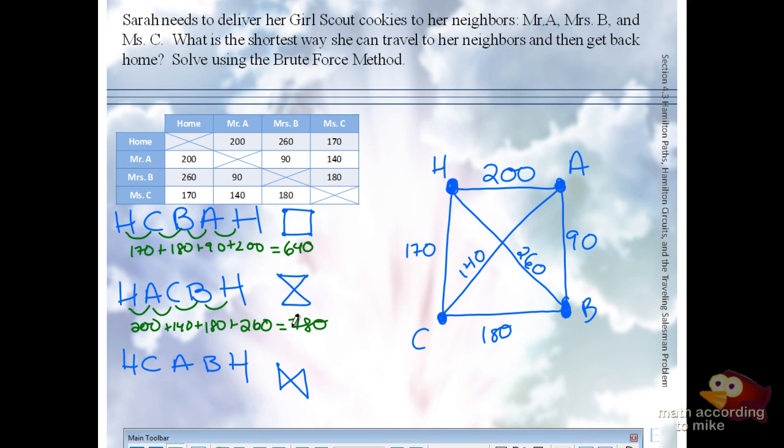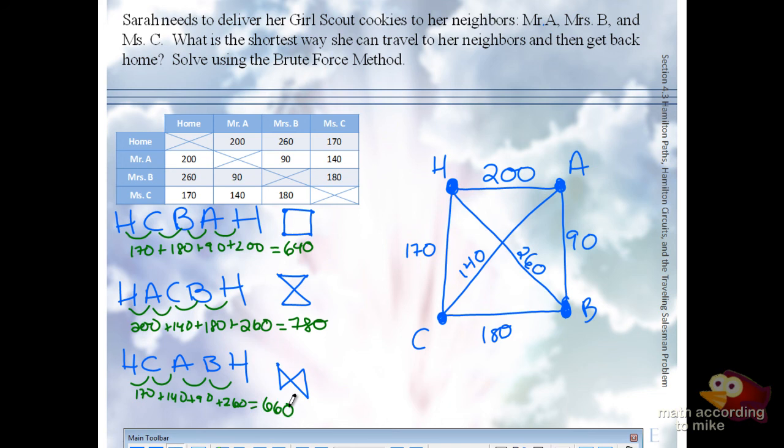Last step, HC is 170, CA is 140, AB is 90, and BH, unfortunate, 260, the largest weight. I got 660.